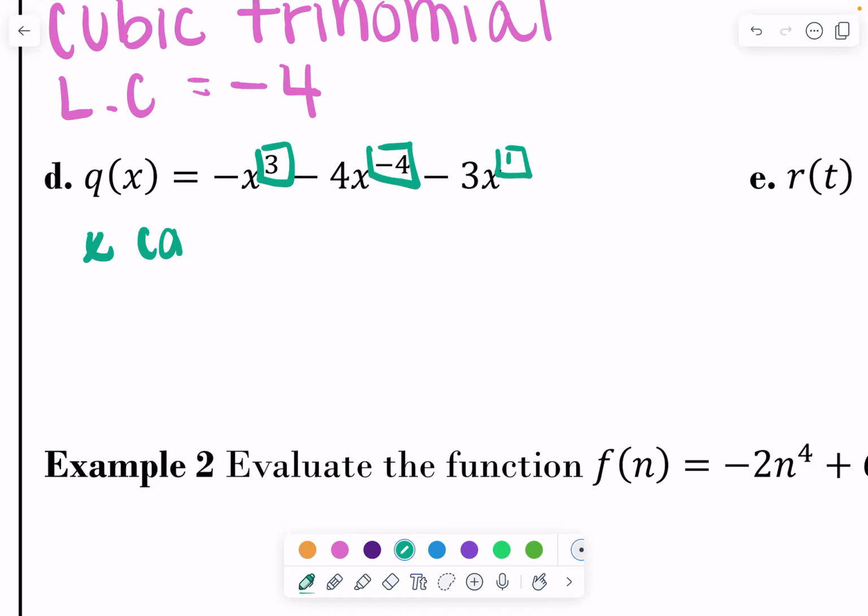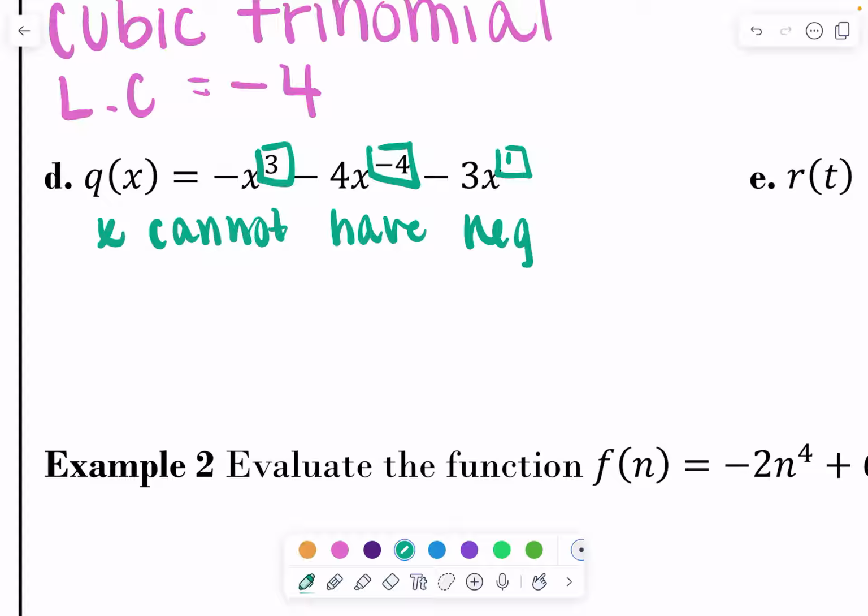So x cannot be negative. Or it can't have a negative exponent is what I should say.